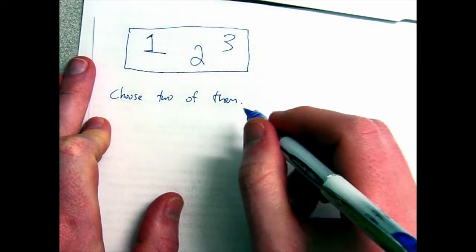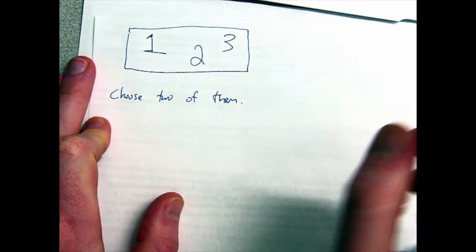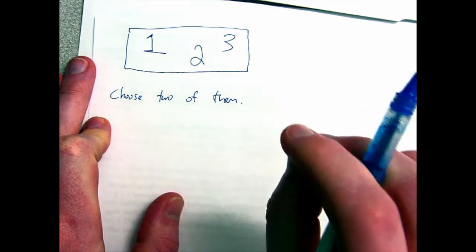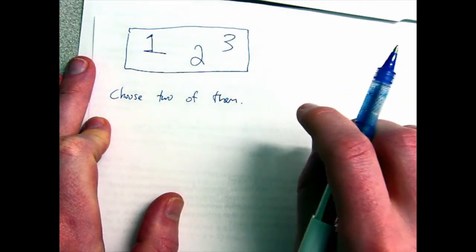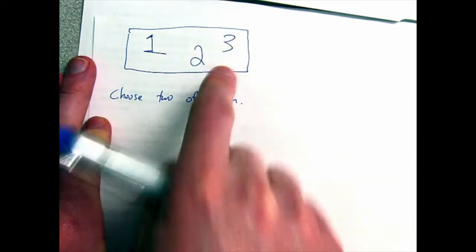And I really want to emphasize that when I say choose 2 of them, I mean choose 2 of them without imposing any particular order on the objects. I'm not saying designate one of these guys as the first object and another one of them as the second object. I don't want to designate anything as being first or second.